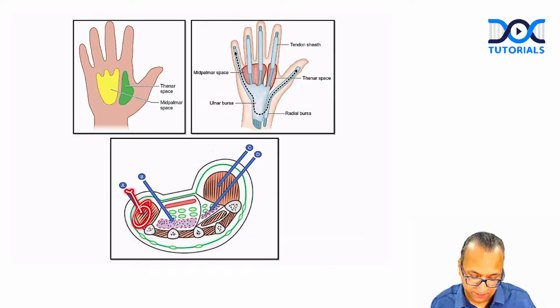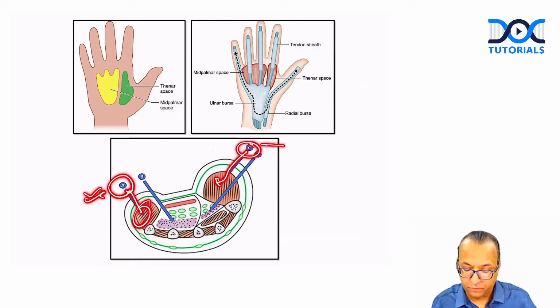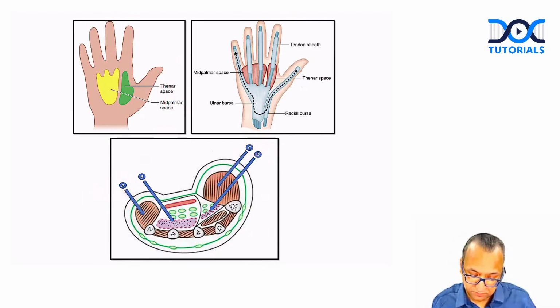So towards the little finger, A will be the ulnar bursa. Towards the thumb, C will be the radial bursa. Otherwise, you see, this is the mid palmar space and that is the thenar space. As I told you, there's a septum separating the two.